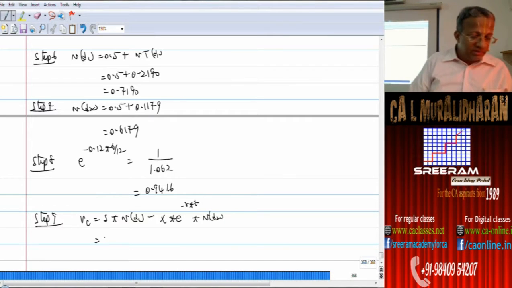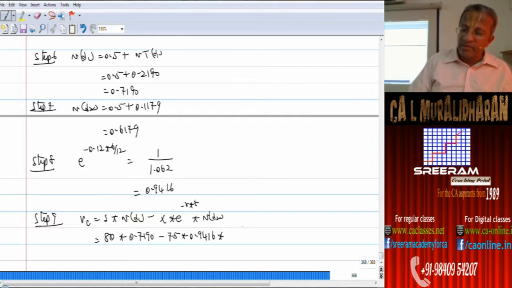So yes, 80 into 0.7190 minus the exercise price 75 multiplied by 0.9416 multiplied by 0.6179. 75 into 0.9416 into 0.6179.